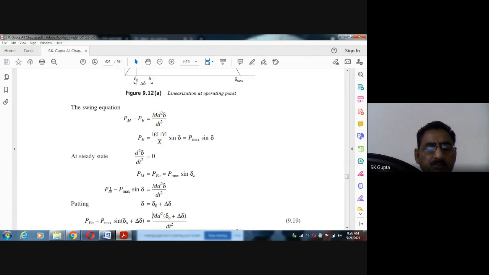So this is initially the mechanical power Pm. In place of delta, we have written delta 0 plus delta, and here also we have written delta plus delta 0, and the input power is this.